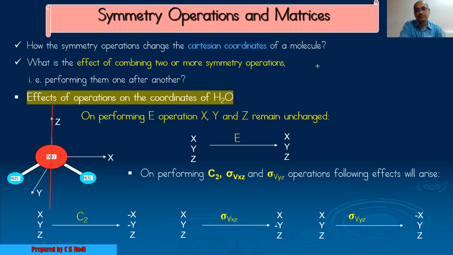If I perform the cyclic operation C2, after 180-degree rotation, previously we focused on the hydrogen atoms: H2 comes over here and H3 comes over here. Now, no need to concentrate on H2 and H3. After performing the C2 operation, what should be the positions of y, x, and z, the Cartesian coordinates?